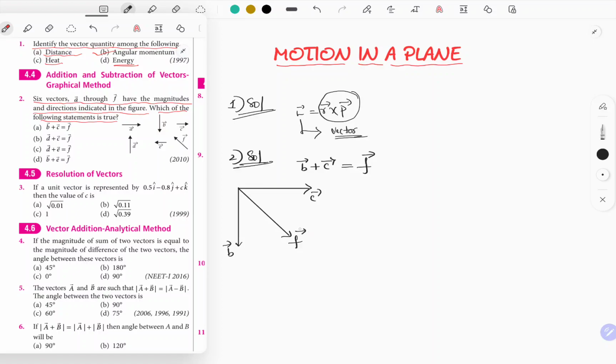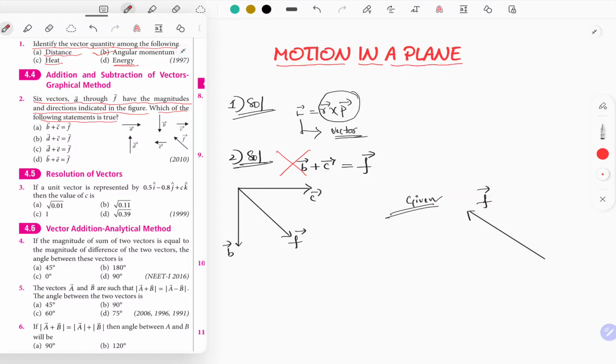Is this vector direction following the given question or not? In the given question, what is the direction they have given? The given direction of F bar is going to be like this. Is this following this answer? No, it is not. That's the reason the first option is a wrong answer. Hope you understood. I am checking with the help of the options itself.